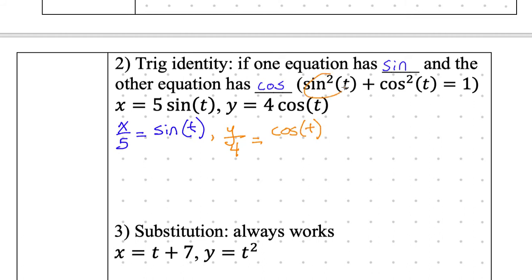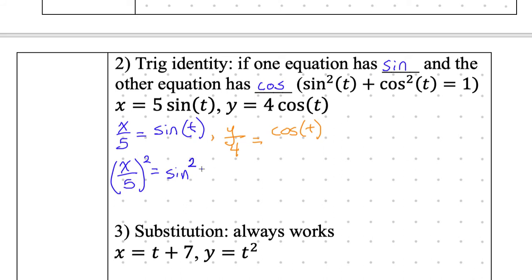Again, I'm trying to find sine squared. So what I need to do to this blue equation is square both sides. After I square both sides, I'm left with x over 5, the left-hand side is squared, and now the right-hand side is squared. That's how we write a square. Normally you'd think you do sine of t squared, but if that square is on the right-hand side, it's technically on the inside to be formal about it.